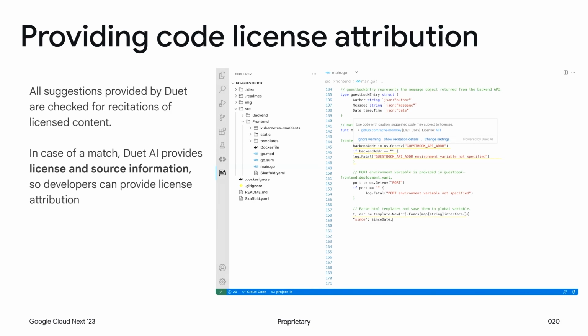At that point, as Marcos said, you can decide what you want to do. You can use that code, but with proper attribution, or you cannot use that code, depending on your organization's policy. And this is where we're providing you with all the information you need to code responsibly using Duet AI. What you also don't see on the slide is that Duet also has a lot of safety guardrails built in to ensure that the code that's coming out is not problematic in any way.